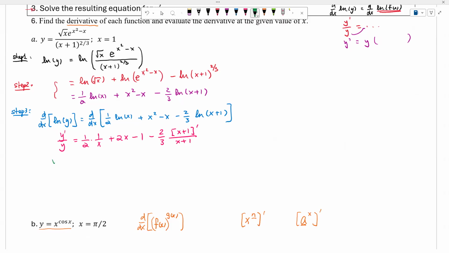And now I will have y prime is equal to y times 1/2x plus 2x minus 1 minus 2 over 3 times x plus 1, because the derivative of x plus 1 is 1.